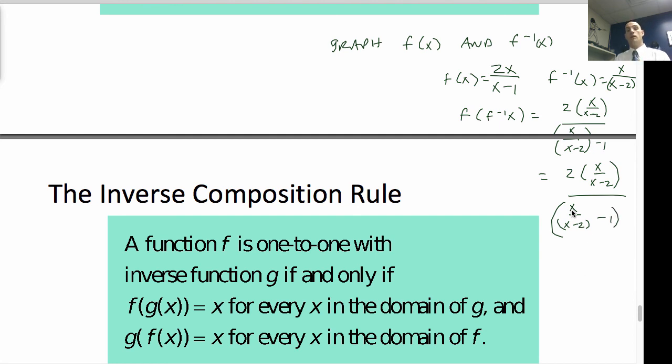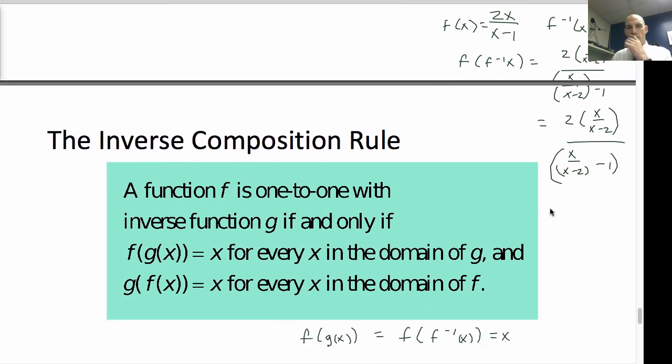You're probably like, what in the world is going on here? Well, let's just stick with it. 2x over x minus 2 on top, and on the bottom, if I've got x over x minus 2 minus 1, that would be x minus (x minus 2) over x minus 2. So common denominator on the bottom.